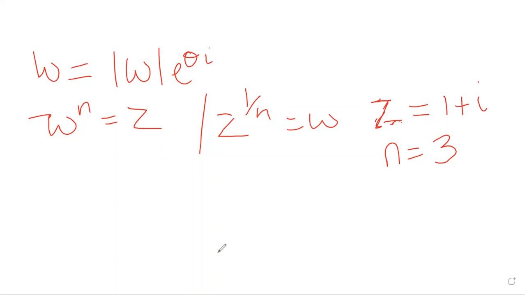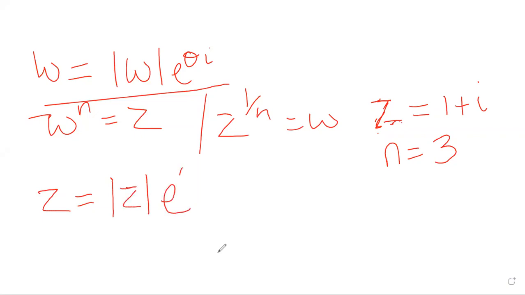So first of all, we know this is w, and we can express z in terms of its modulus. So let's express z in the exponential form: magnitude of z e to the power theta i.